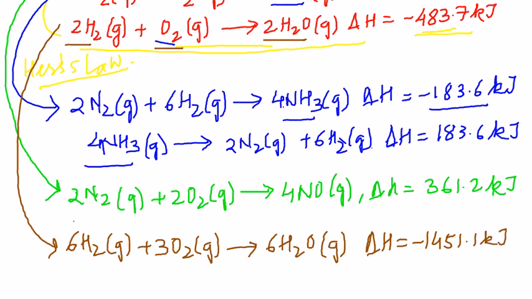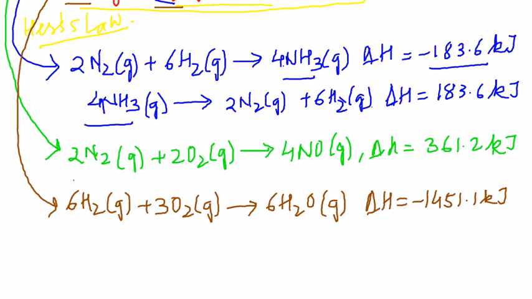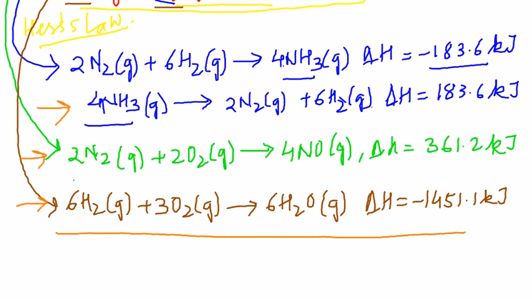So now we have these equations set up. Now all you need to do is add these equations as they are. Notice very carefully. So we're going to add this one, and this one. The nitrogen and nitrogen cancel out because they're on opposite sides. Hydrogen and hydrogen cancel out.